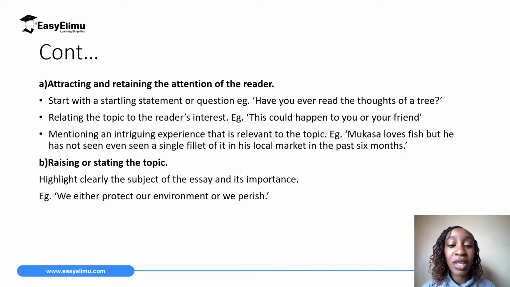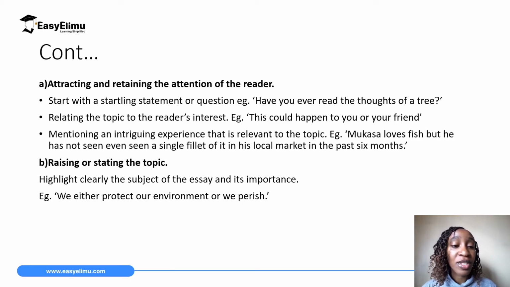So maybe this person was talking about fish or fishing activities and mentions a relevant experience or an intriguing experience that is related to the topic. So that is what we mean when we say attracting and retaining the attention of the reader. You can use those three different ways to attract your reader's attention.